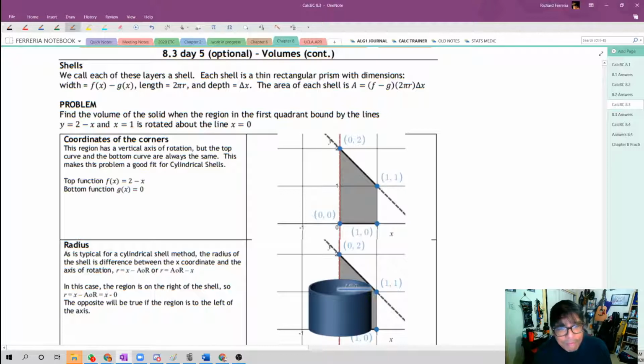If we have a vertical axis of rotation, then we have this in delta x, because, well, we'll get to that. But here are the coordinates, and my a is going to be x min, which is 0, and b is going to be x max, which in this case is going to be 1.